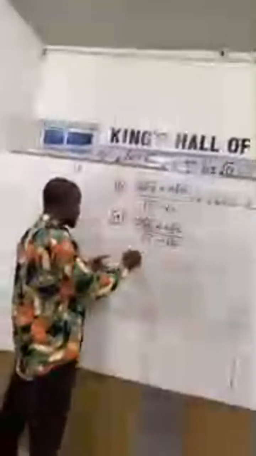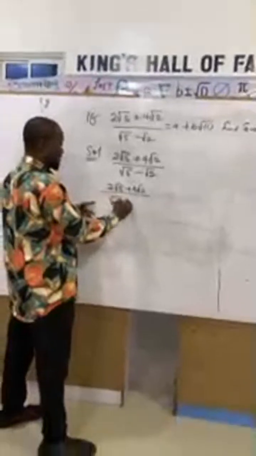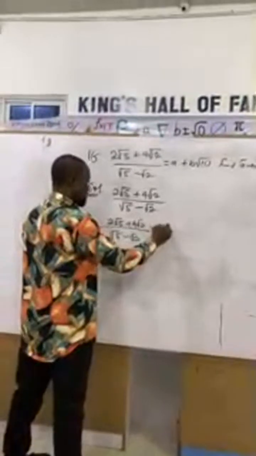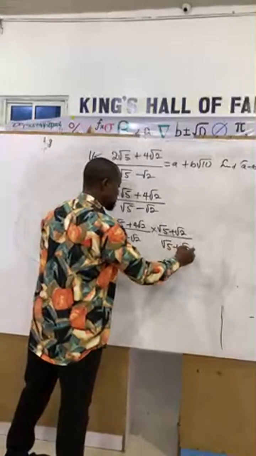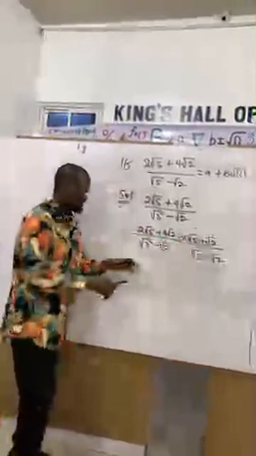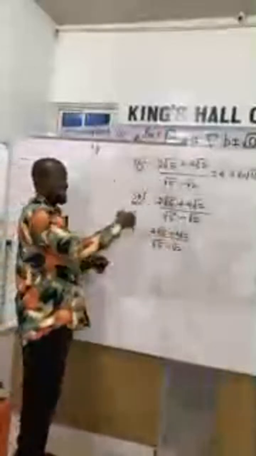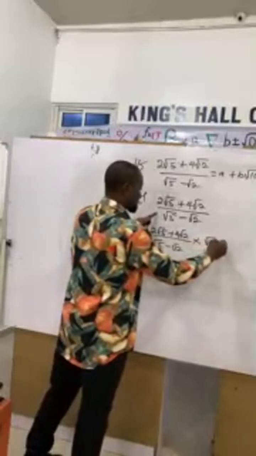So this will now be 5 plus 4 root 2 divided by root 5 minus root 2, times the conjugate, root 5 plus root 2 divided by root 5 plus root 2. Look at what is happening here. It's not magic. If I cancel out this, bam, it's gone. I still get the original expression back, so it doesn't affect what we had before.